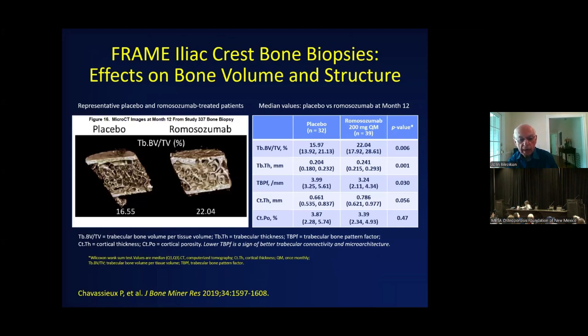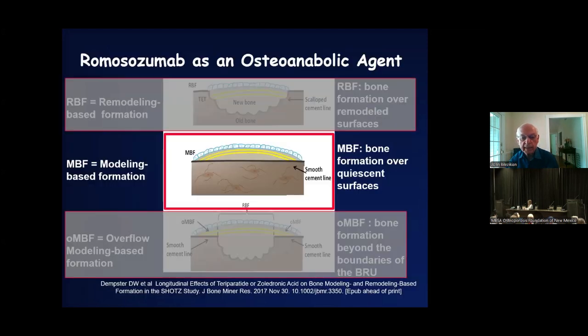From a microarchitectural point of view, on the left, you can see the trabecular compartment grossly looking better. And on the right, you see the actual data with BV over TV, trabecular thickness being significantly different from placebo, with maybe an effect on cortical thickness, but not significant.